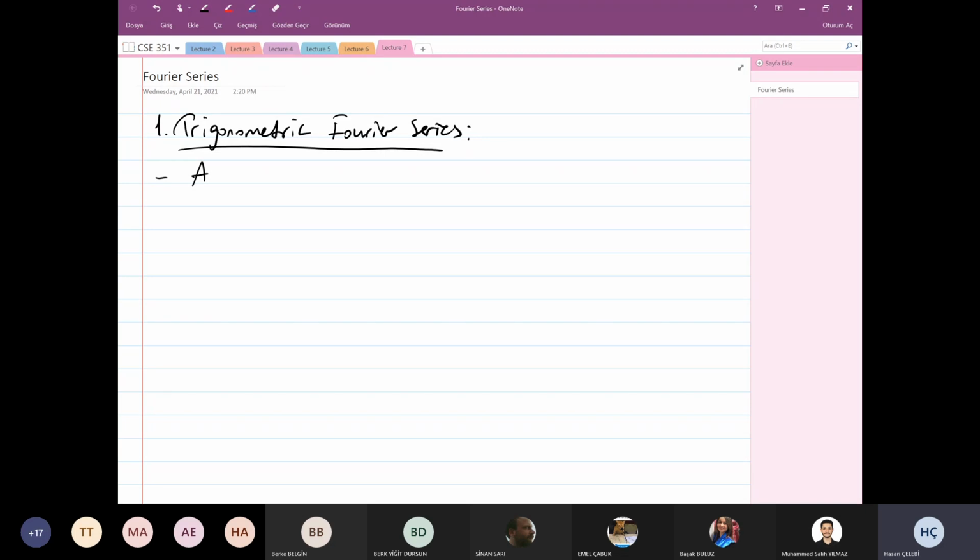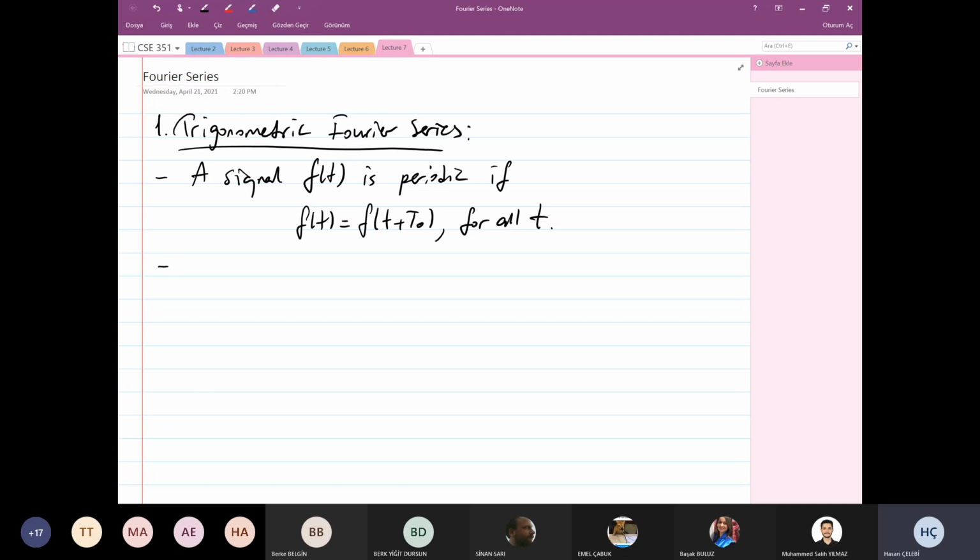Let's remember the definition of a periodic signal. A signal f of t is periodic if f of t is equal to f of t plus capital T0 for all t values. So this is the condition for the periodic signal, if you guys remember.